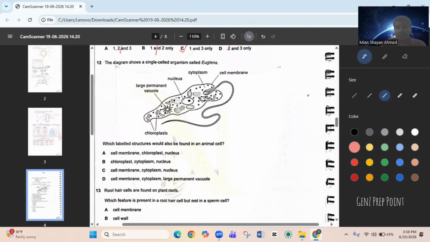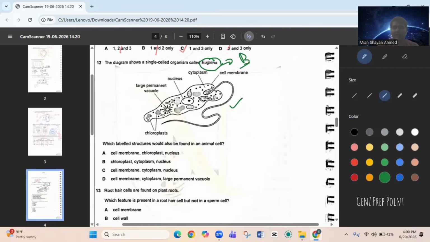The diagram shows a single-celled organism called Euglena. Euglena is a bacteria. If you have attended my video on living organisms, I told you Euglena and Paramecium are bacteria. They are unicellular. They are protoctists. So Euglena, this is a bacteria cell. If you don't know Euglena, just skip it.